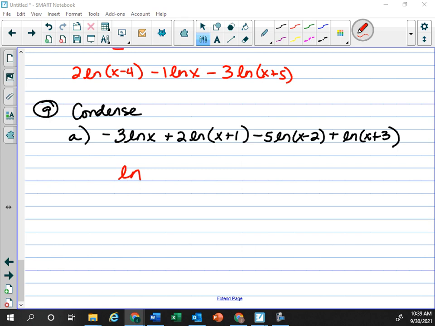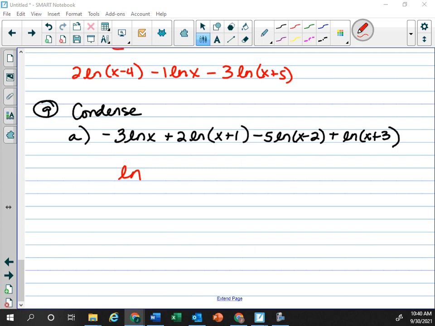Still working? The first thing I did is look at which ones would be in the denominator. Think we got it?